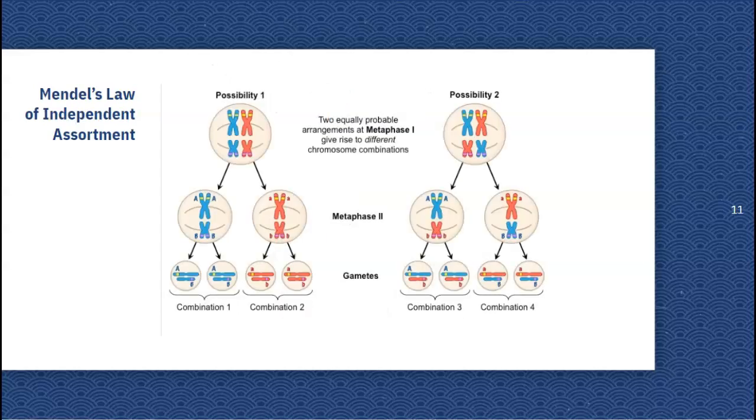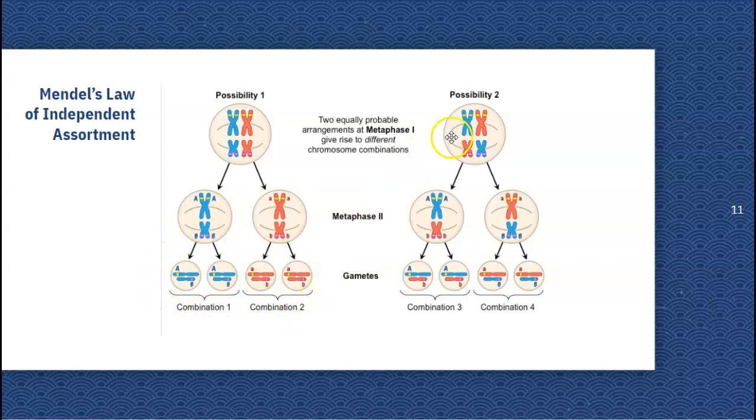that helps with genetic variability. Another thing that happens is Mendel's law of independent assortment. We talked about this a little bit with the pop beads, but the basic idea is when your tetrads are lining up in metaphase 1, they can line up in a couple different ways. Here we've got dad's 2 chromosomes on left and mom's 2 chromosomes on right. If they go through meiosis, they end up making these 2 combinations.